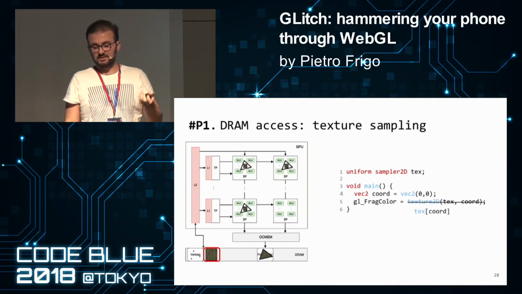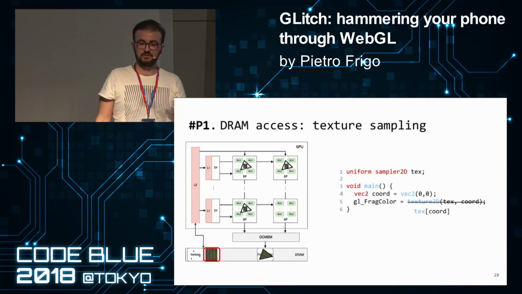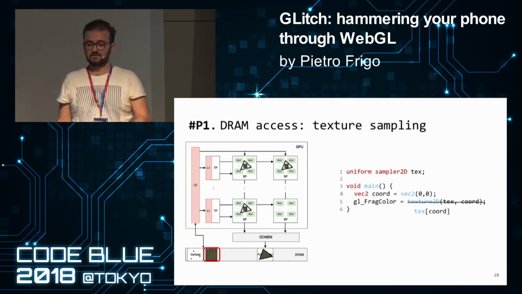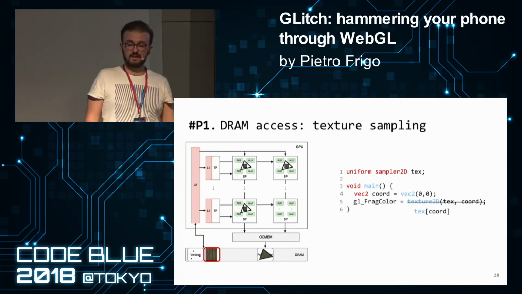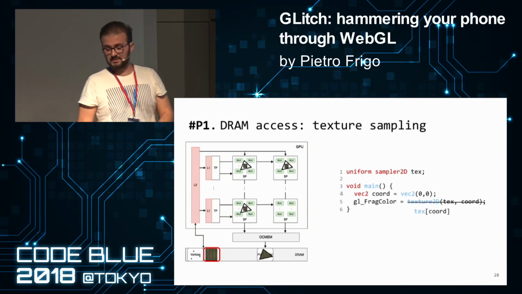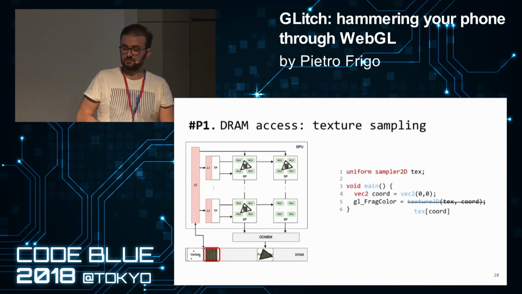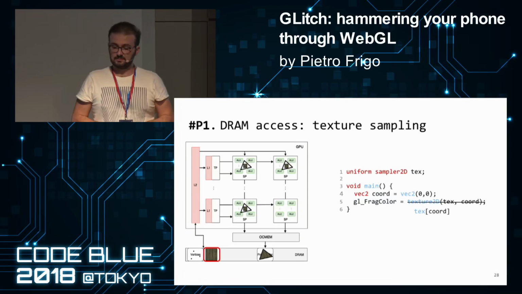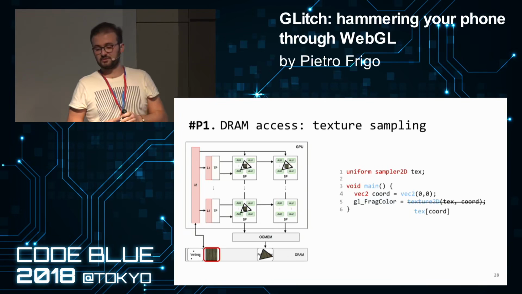And the way you can see this is basically saying you have an array, which is your texture of raw data, and you access at index coordinate that content. Now, again, the mapping is not super straightforward, but once you know the function that is used for the mapping between the raw data and the actual pixels, it's easy to touch specific locations in memory.